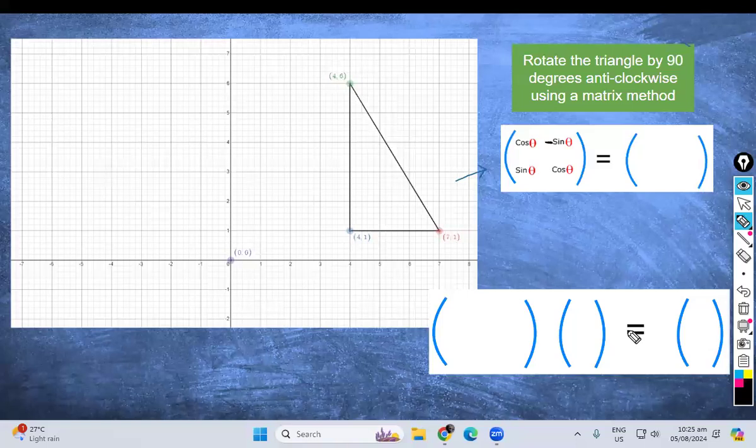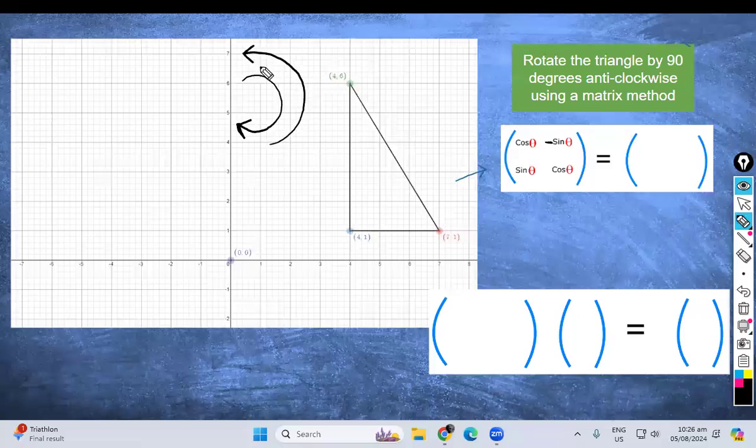Whenever you are rotating a shape, there's a special formula that you have to memorize for the exam, okay? There are two formulas that look very, very close to each other. Whenever you are rotating something, you could either rotate it clockwise or the opposite way, anti-clockwise.